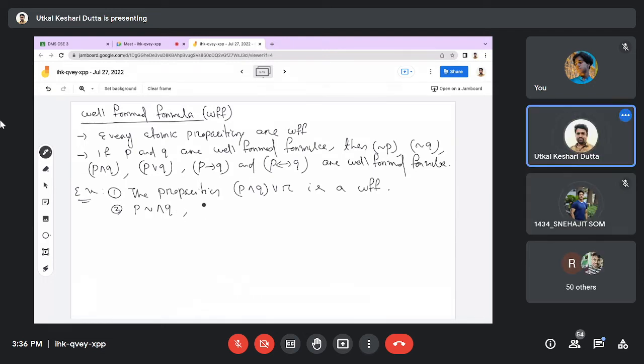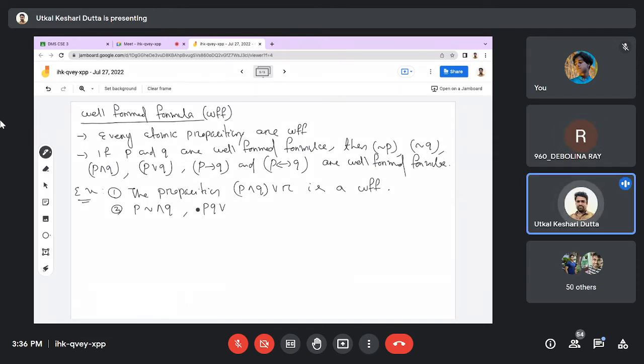Okay. Then tell me: P negation conjunction Q, and then P Q disjunction. Which one is a well-formed formula, and which one is not? P negation conjunction Q, what does it mean?